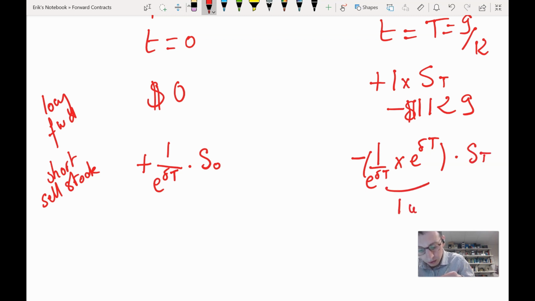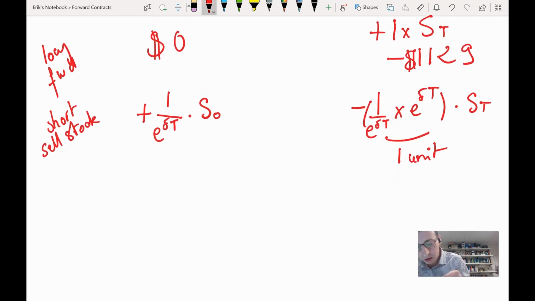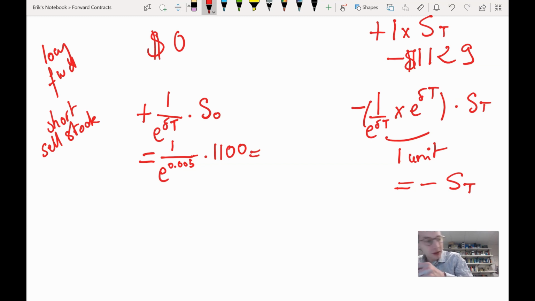That's equal to minus S_T. So how much do we receive from short selling the stock? Well, 1 over 1.005, because the dividend is only 0.5%, times 1,100. That's how much money you get, roughly $1095.88.